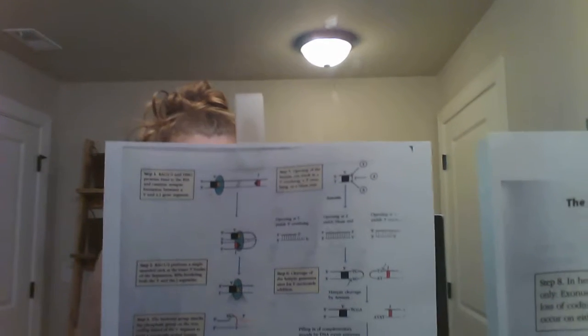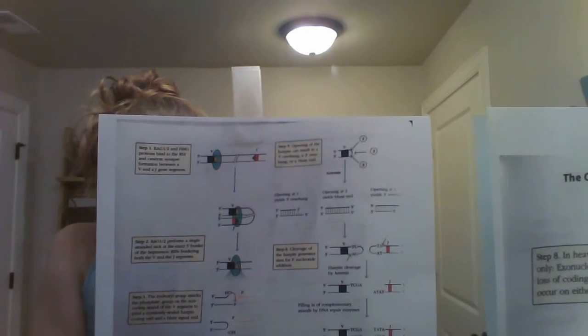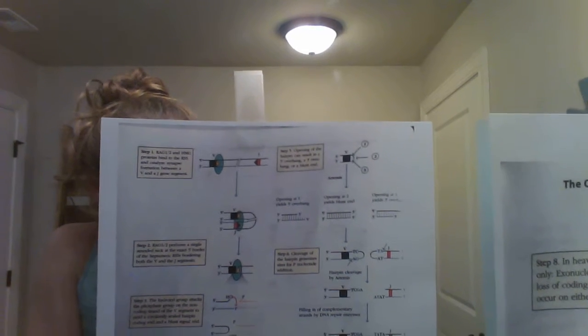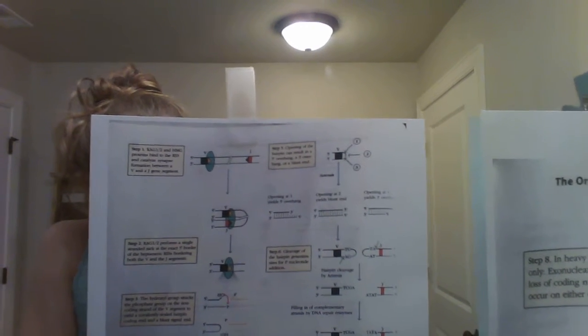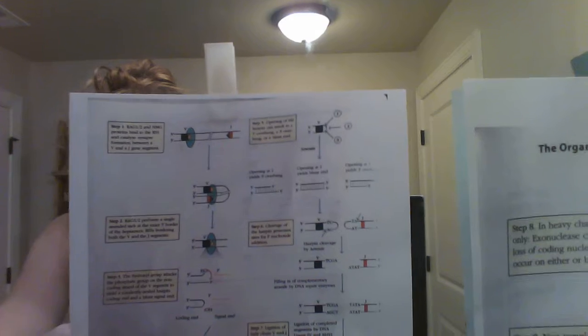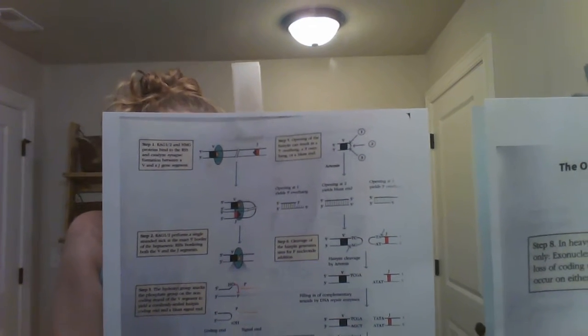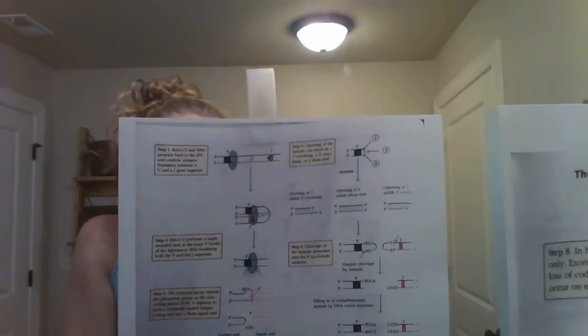And after Artemis, we're going to have more hairpin cleavage, and then it's going to be followed by, of course, ligation down here, and that's going to be done by ligase 4, DNA ligase 4.